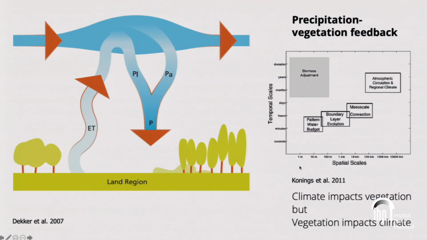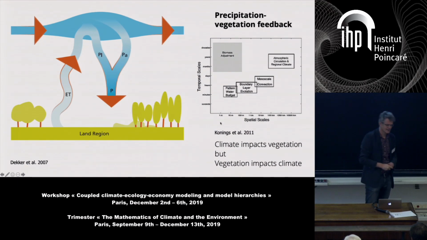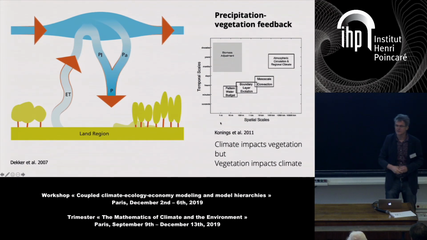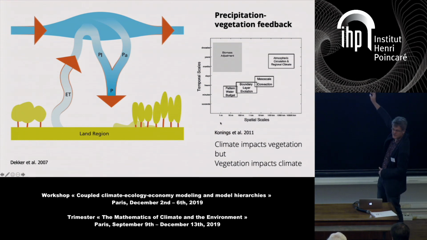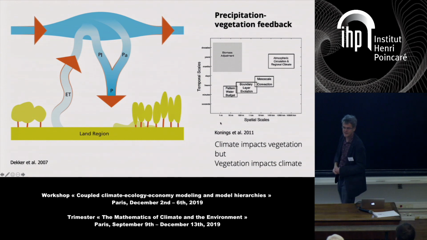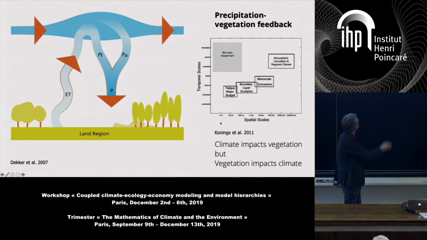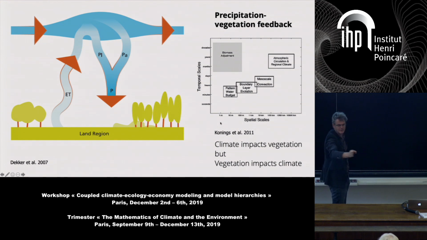If you have the biomass adjustment, let's say one tree is 10 meters or so, and there are really slow processes of carbon gain and carbon losses and so on. So this is really going very slow, two decades. And then we have all the atmospheric processes, which can start from meters. So this is the pattern water budget from Jost, let's say.